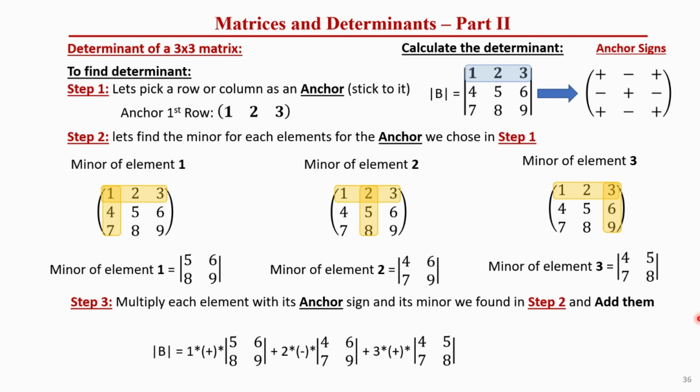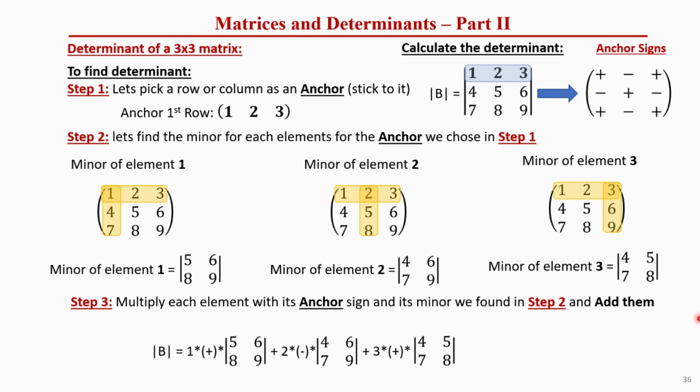And we add it to the next term, which is obtained by multiplying the second element from the anchored first row by its anchored sign, which is minus, multiplied by the minor of element 2.